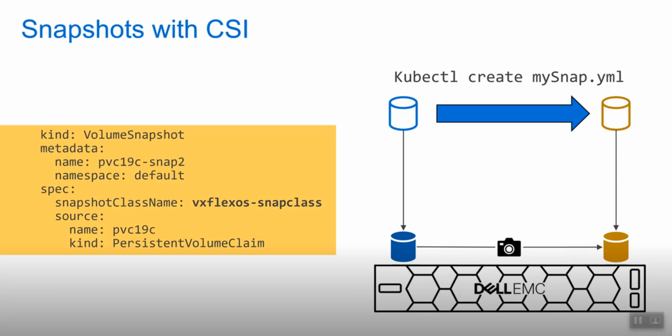Another use case is for an analytics workload or an AI training service which needs access to the latest production data for better model accuracy. Of course, this snapshot can also be used to restore the original volume in case of any data loss.